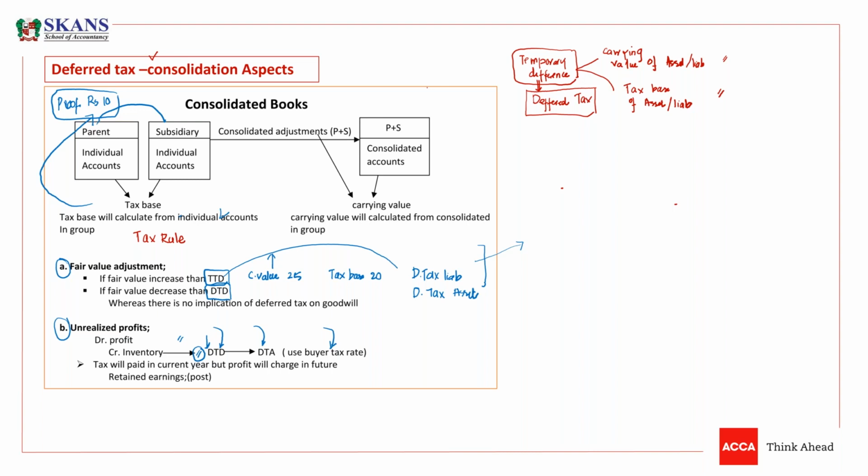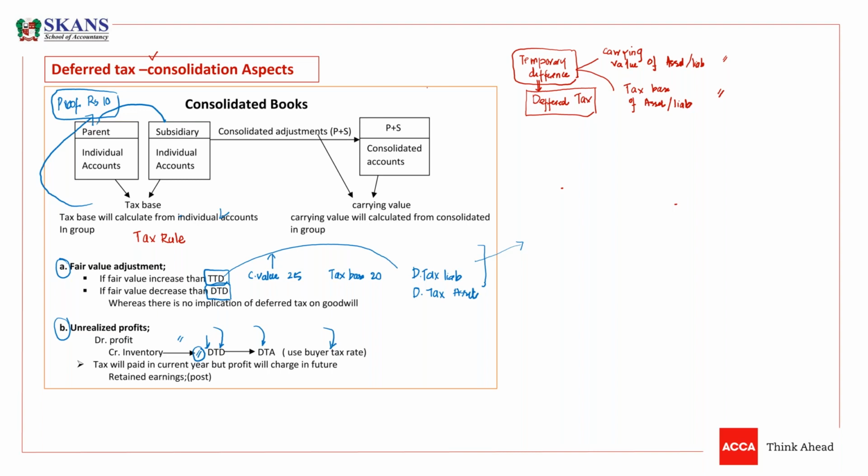Although the parent will say that I have earned from a subsidiary, the tax department will say that you, parent and subsidiary, are separate entities. So in our books, as per tax law, you have earned the profit. So the profit has been earned in individual books and it has been taxed. So it is important that we have already paid tax on this.